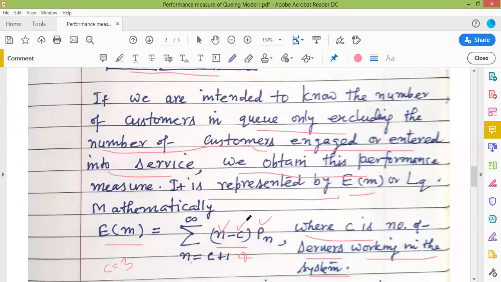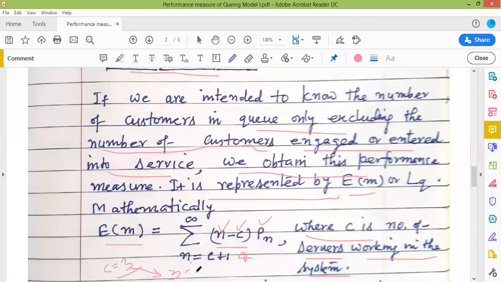The interpretation is that if c is the number of servers, then that many will be the number of customers. If there are three servers, it means three servers are already engaged with three customers.